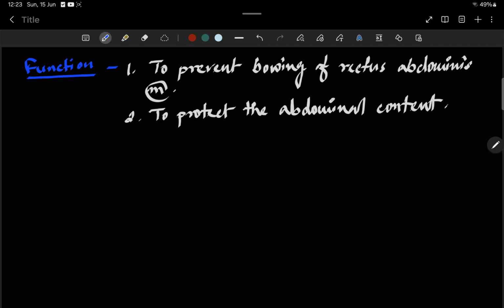Now we'll study about the applied anatomy of rectus sheath.